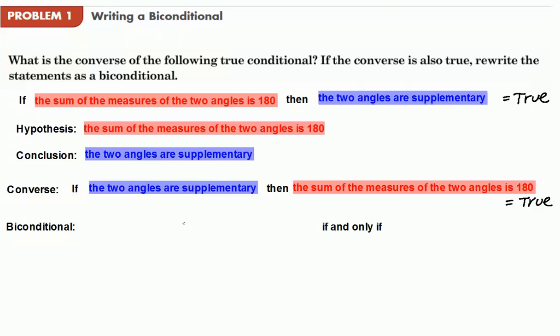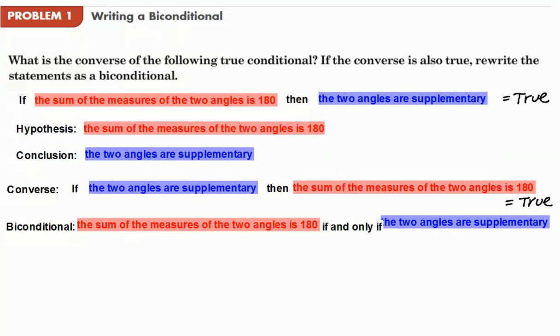Therefore, we can write it as: the sum of the measures of two angles is 180 if and only if the two angles are supplementary. By both the conditional and converse being true, this is our new biconditional statement.